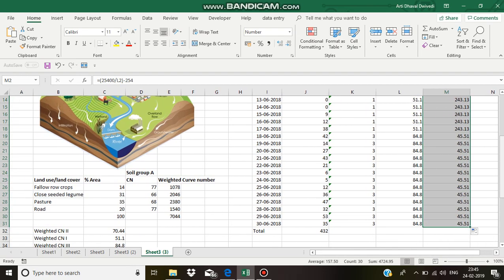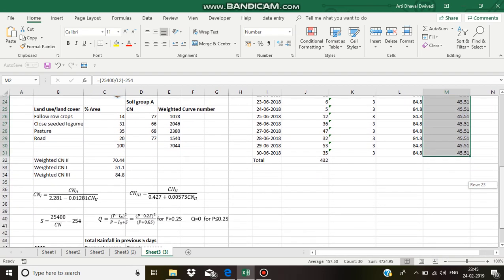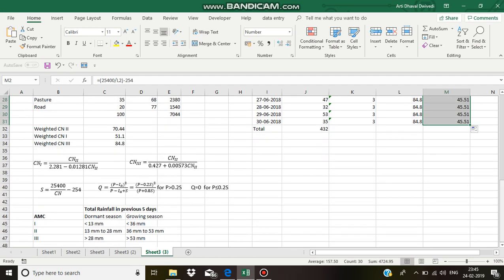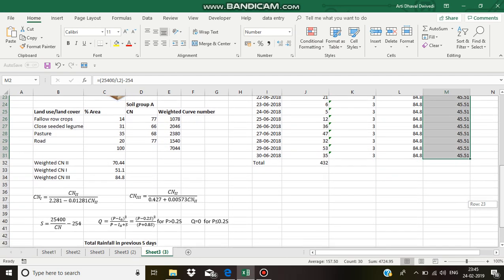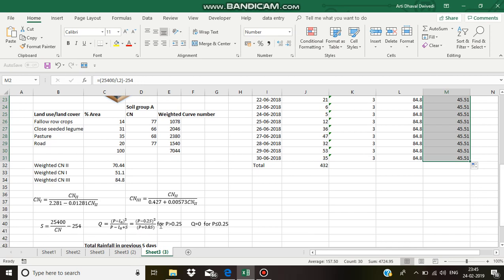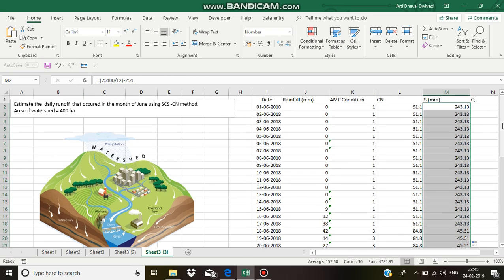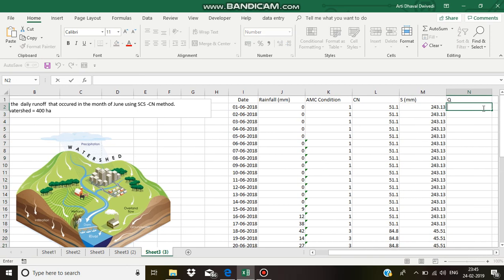Once the value of S is obtained, it is easy to calculate the runoff depth. Q is equal to (P minus 0.2 S) whole square divided by (P plus 0.8 S). But it should be used only if P is greater than 0.2 S. If it is less than or equal to 0.2 S, then the runoff depth should be equal to 0. So we'll use that condition.